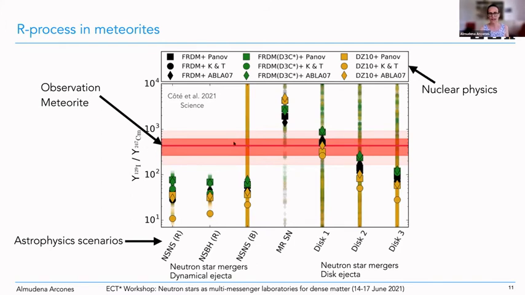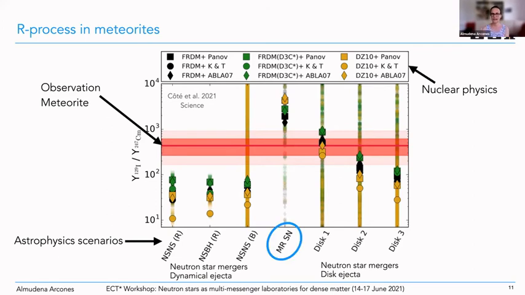And then we say, okay, let's do our calculations and compare to that ratio. So we tried different astrophysical scenarios that was done by Marius, and he tried neutron star mergers. This is the dynamical ejecta, and also the ejecta from the disk after the neutron star merger. And he also tried magnetorotational supernova.